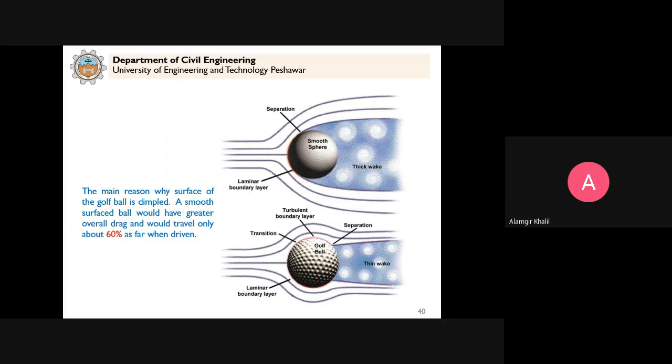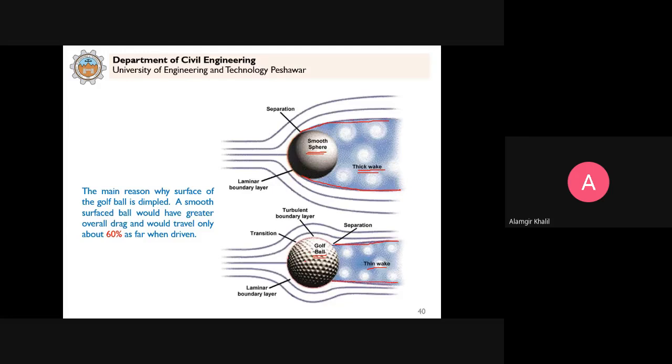You can see here that when we have a smooth sphere, a smooth ball, the separation is here. So this will result in increased drag. You can see thick wake. But by making the surface rough, like the golf ball, you can see the thick wake is made thin.